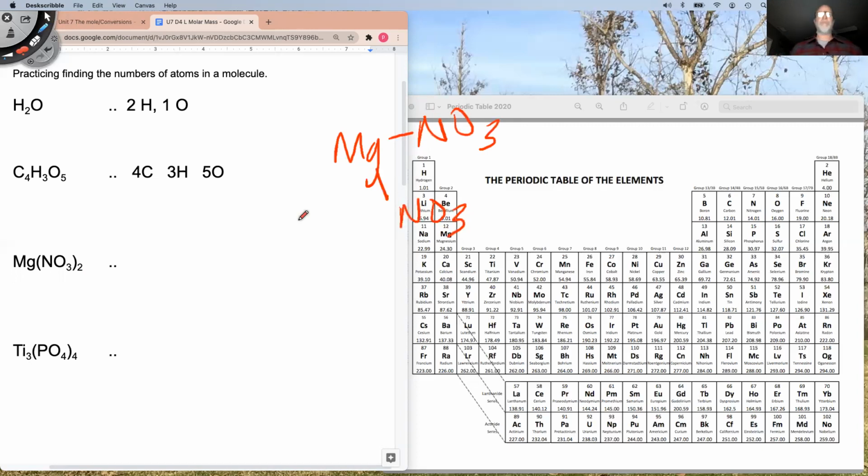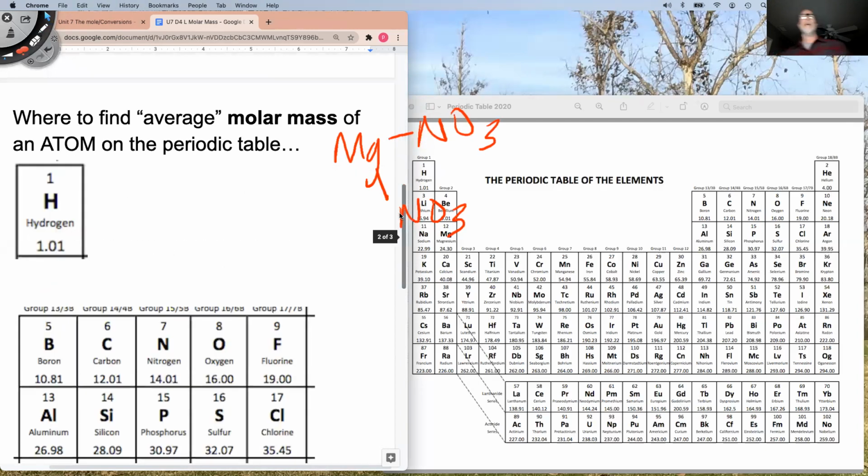So here's my question for you. How many magnesiums do we have right here, ladies and gentlemen? We have 1 magnesium. How many nitrogens? That's the letter N. How many nitrogens do we have total? Well, it looks like we just have 1, but if you notice, that little 2 means we have 2 of those whole things, which means we have 2 nitrogens.